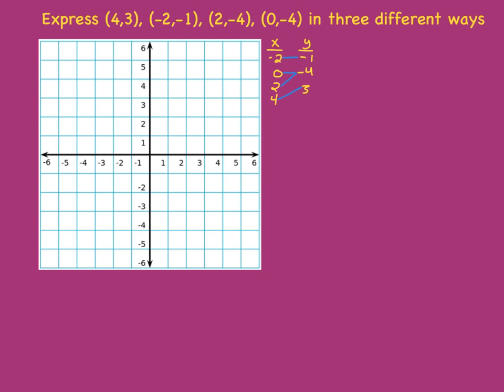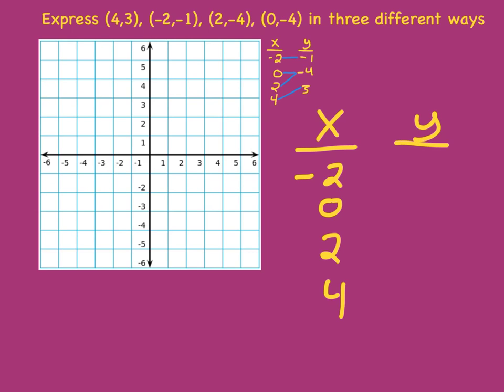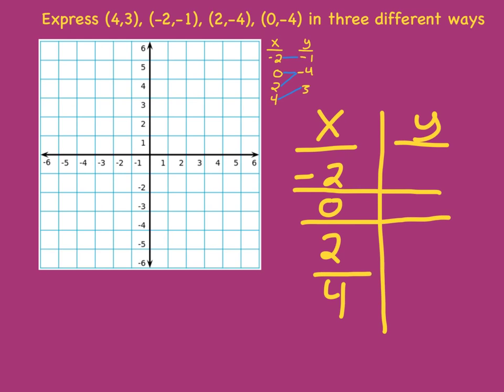Alright, for the table, you're going to need to do the exact same thing. You're going to make a chart for your x values or your domain, and I have -2, 0, 2, and 4. And then I need a column for my y values or my range, and this should be a table. And I apologize, the software doesn't have a really super duper way for making a table.